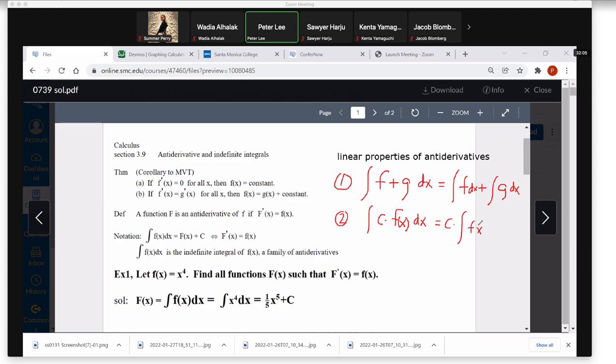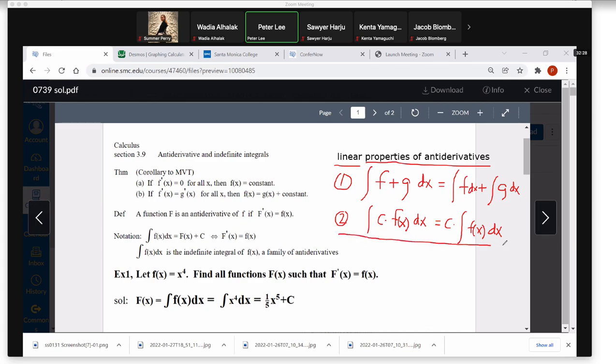This is the constant multiple property, and the first one is the sum property. Very similar. These two are the properties of antiderivative, and especially these two are what we call the linear properties.